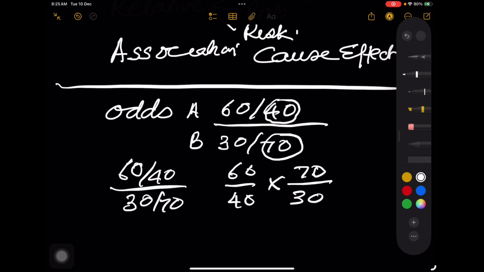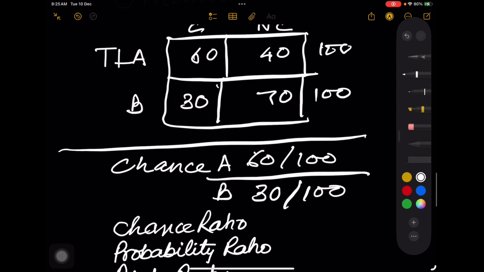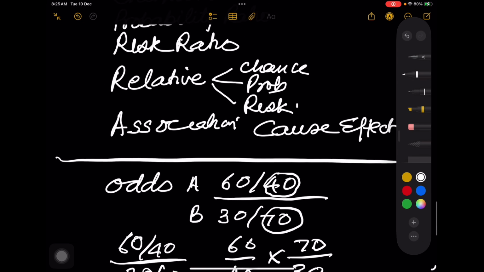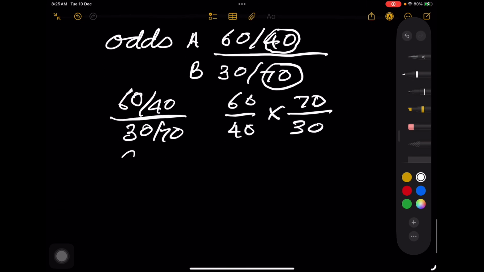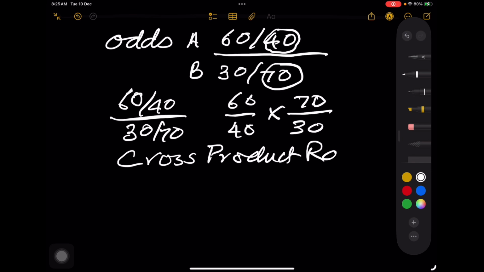So this is the odds ratio, 60 into 70 divided by 30 into 40. This is also called the cross product ratio, because of the cross there.